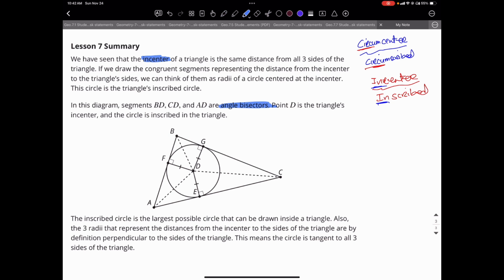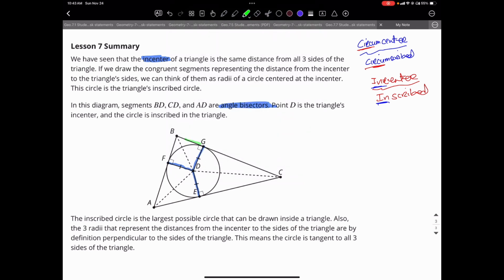Also, these are the three radii that represent the distance from the incenter to the sides of the triangle, which by definition are perpendicular to the sides. But that's not how we find them. We find them by using the angle bisectors. This means that the circle is tangent to all three sides of the triangle. That last statement is pretty important too.